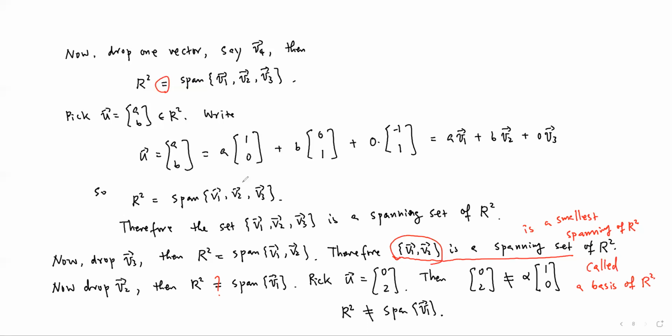In this solution, I drop V4, drop V2, V3, and drop V2. You can drop other vectors. Say drop V4, then drop V2, and drop V1.